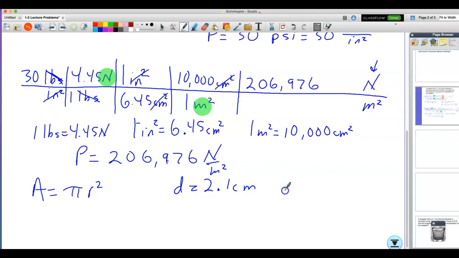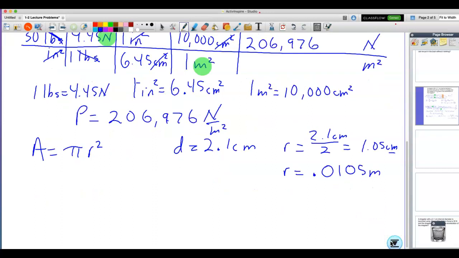So that means our radius is half of our diameter, which means it's 1.05 centimeters. But we don't want it in centimeters, right? Because our pressure is in meters squared, so we need it all in meters. That means we move the decimal 2 places, so that's 0.0105 meters.